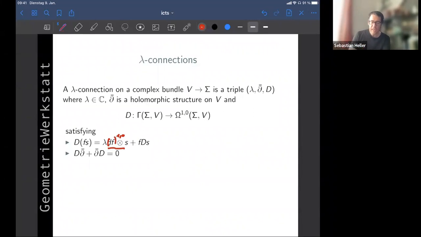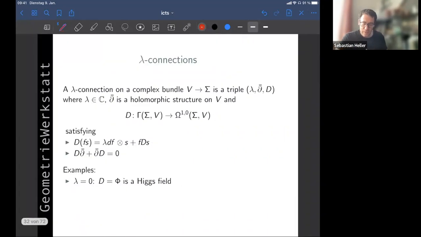And additionally, we have a condition which tells us basically that it's analogous to flatness of a connection. And I will explain in a second why this holds. But it's a very mild generalization of a connection, but it's a very useful generalization, as we will see in a second.